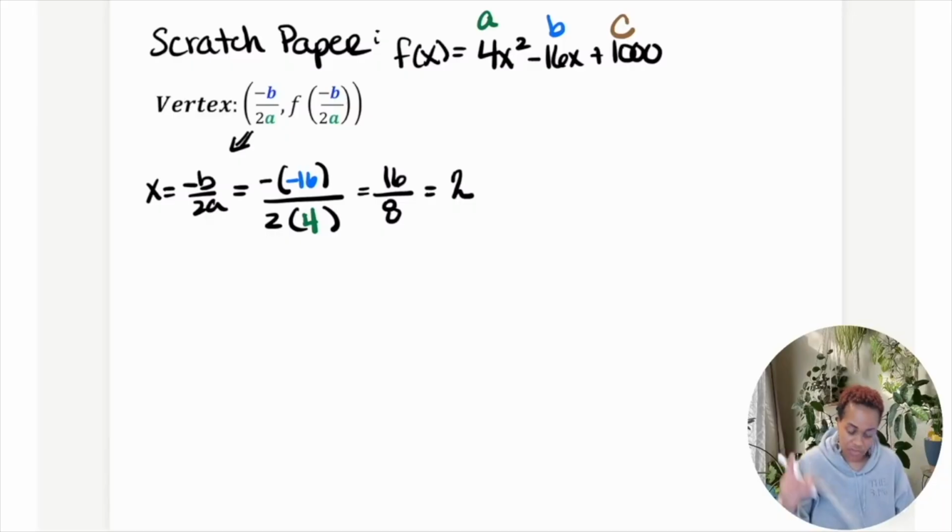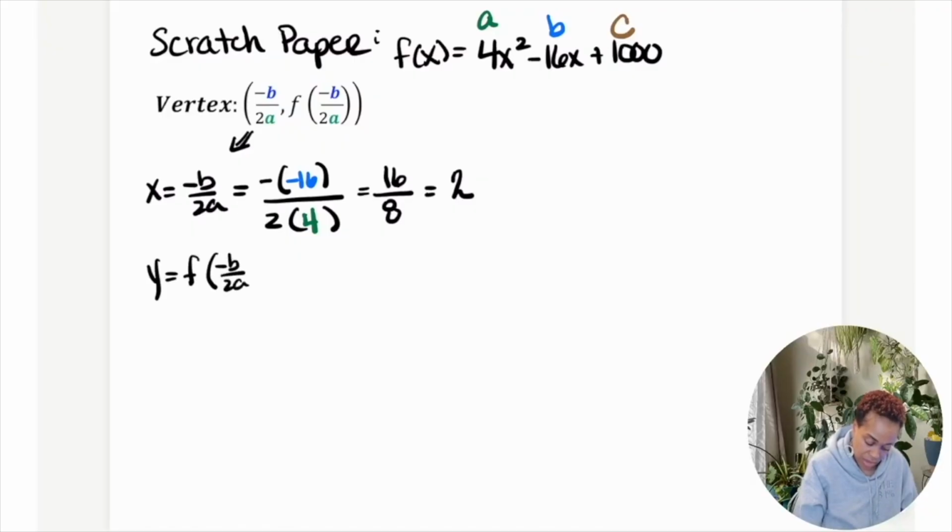And then to find the y value, we take f at this point. Okay, so let's find our y. So y is equal to the same thing as f at negative b over 2a. So that's going to be equal to f at, we found that negative b over 2a was 2, right? So that's going to be f at 2.